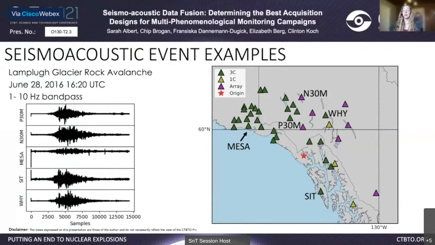And we plan on investigating this more. As you can see here, we have an infrasound detection here at N30M and P30M. Both of those are infrasound, whereas the rest of these are seismic, and they have a lot of similarities with the waveform characteristics.